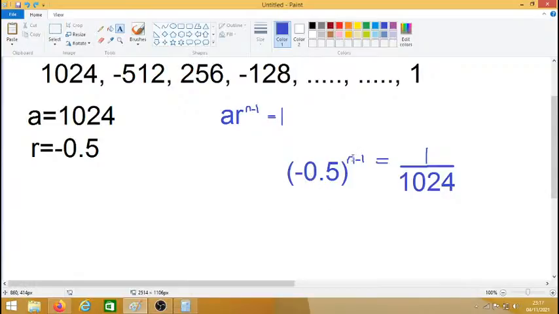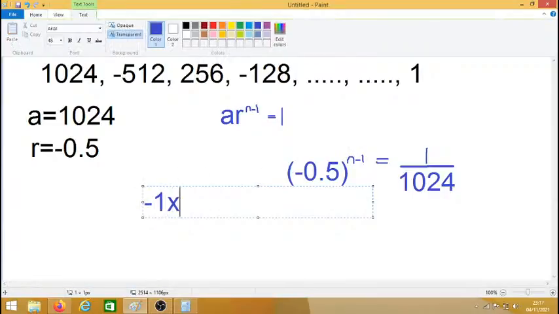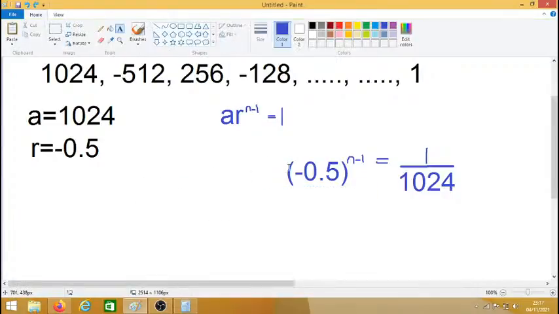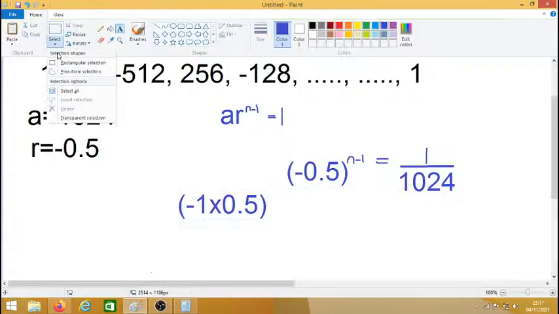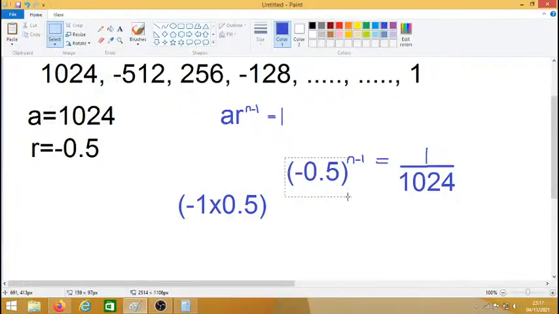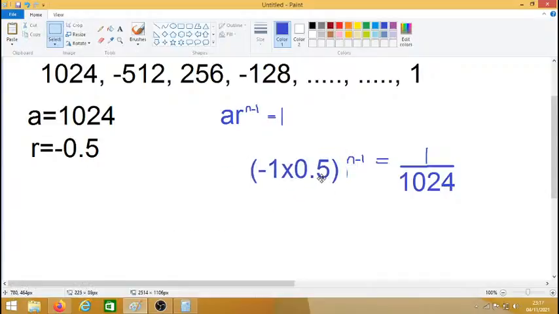We can remember that minus 0.5 is equal to minus 1 times 0.5. So if I rewrite that as minus 1 times 0.5 and put that in brackets, then we can take the power of n minus 1 and apply that to each bit.